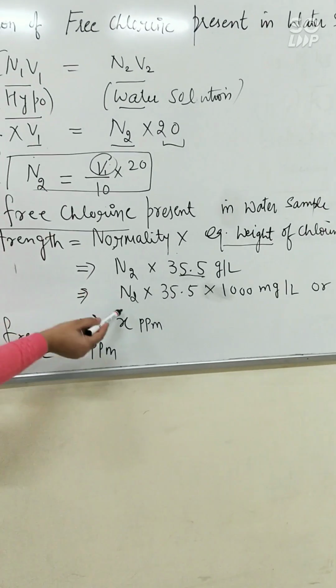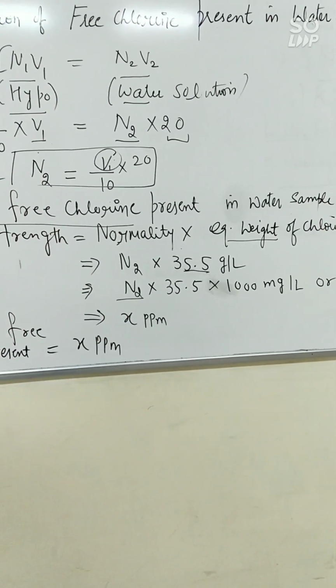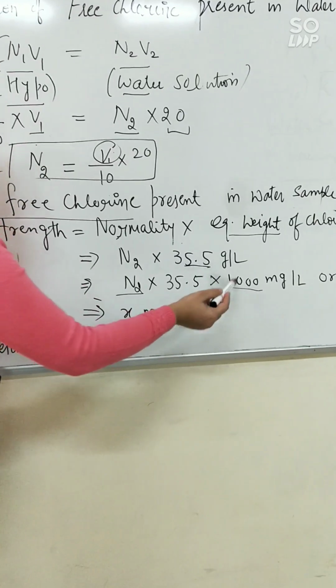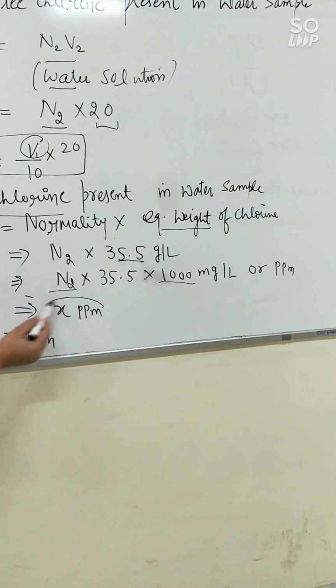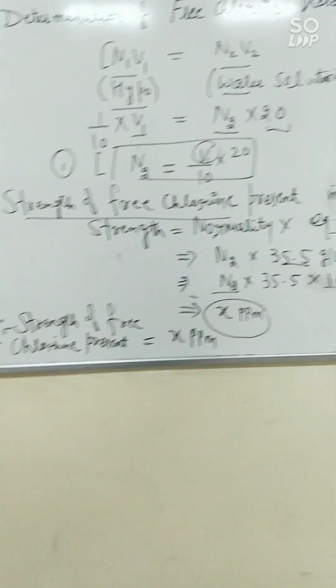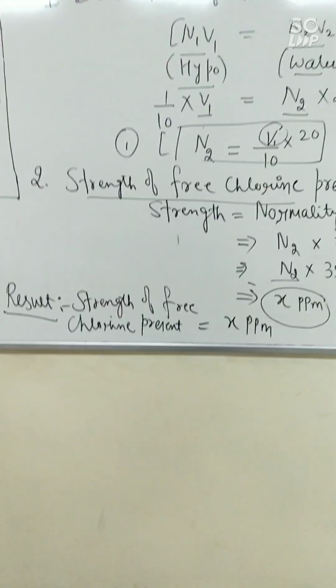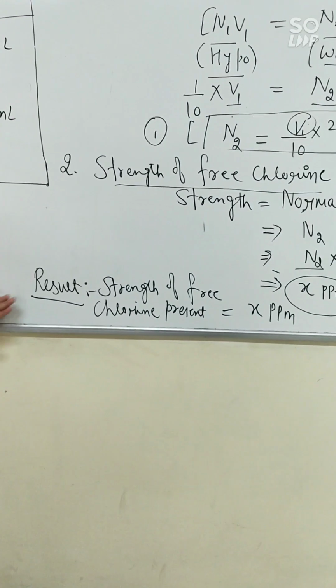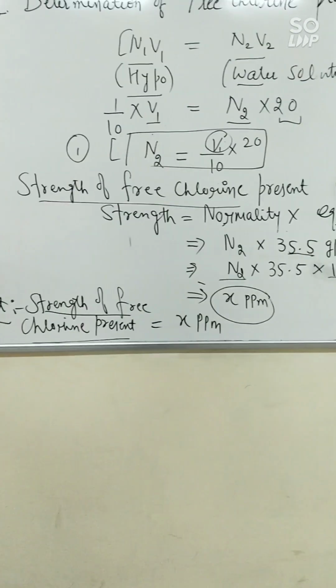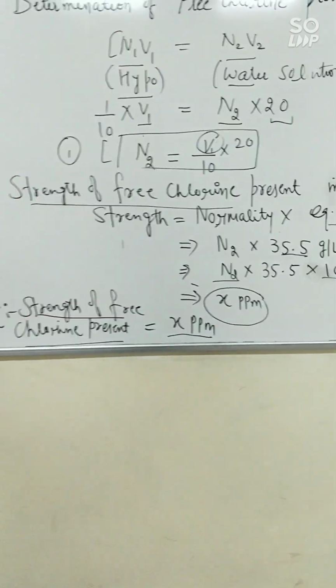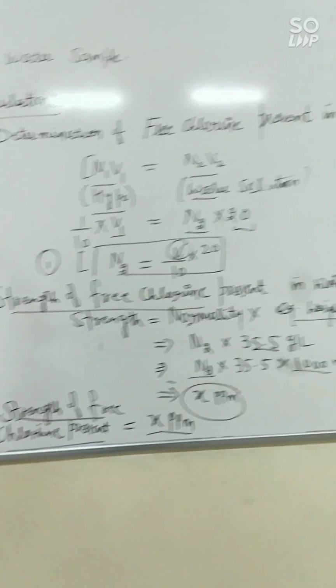We will substitute the value of normality here and multiply it by 1000 so that we get the value in parts per million. This will be the strength of the chlorine. In the result, we will write that the strength of free chlorine present in the given water sample is X ppm. We have to calculate this by applying this equation.